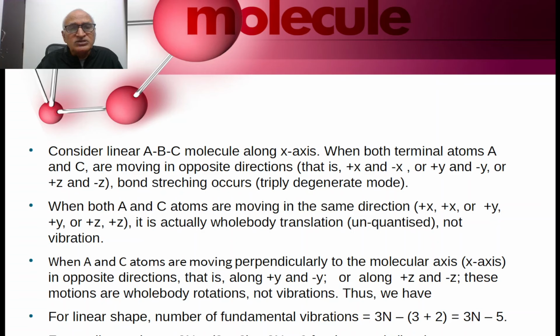That is, for one single atom, we have 3 degrees of freedom. Suppose the molecule has n atoms, then theoretically it should have 3n degrees of freedom. By logic, we can explain the number of freedom is less, 3n minus 5 for linear molecules, 3n minus 6 for non-linear molecules. How do we arrive at this conclusion?